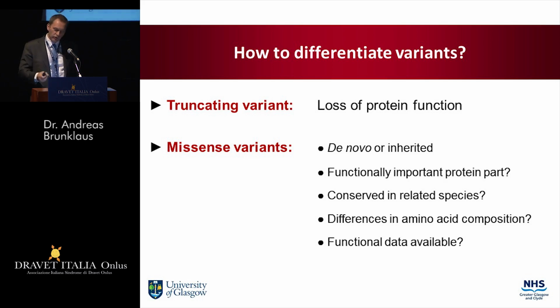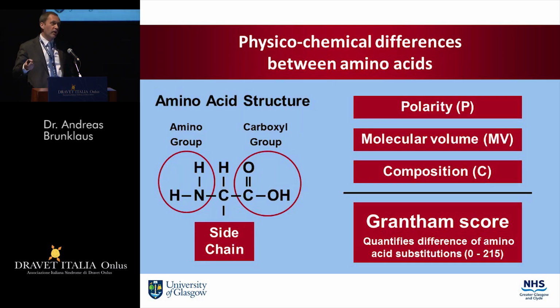I would now like to show a slide on how we look at, for example, differences in 2 amino acids, if one amino acid is exchanged for another one, and there clearly are some physicochemical differences between amino acids. The amino acid structure is similar for all amino acids: you've got an amino group and a carboxyl group. However, you've got a side chain, and the side chain really defines that amino acid.